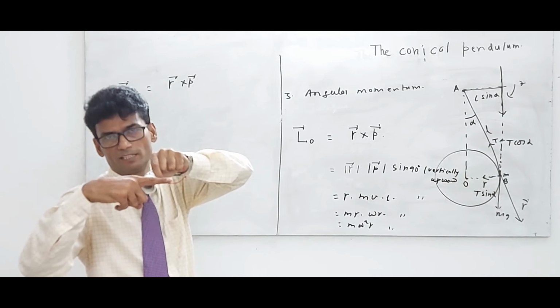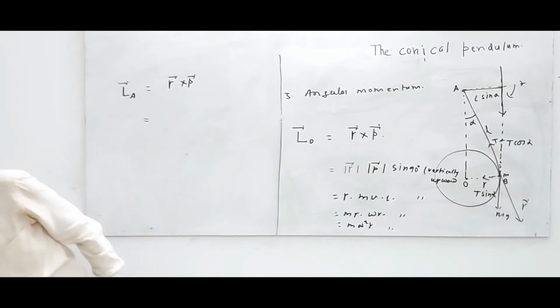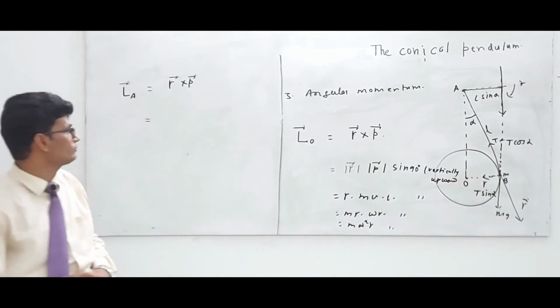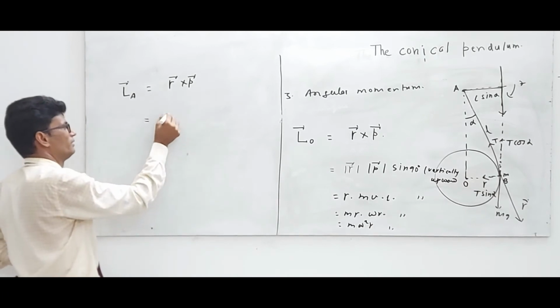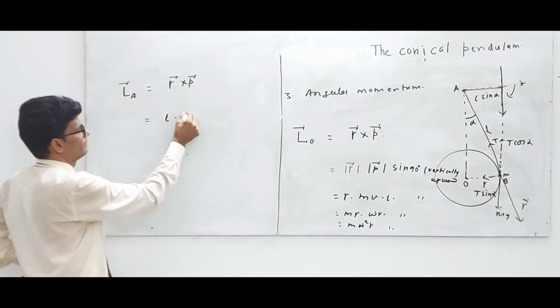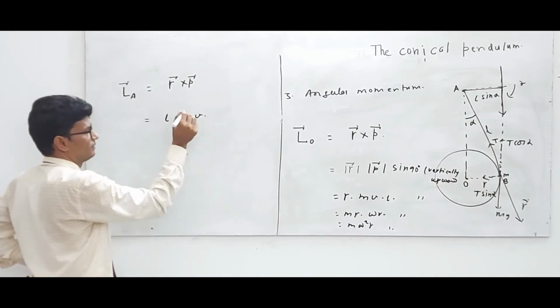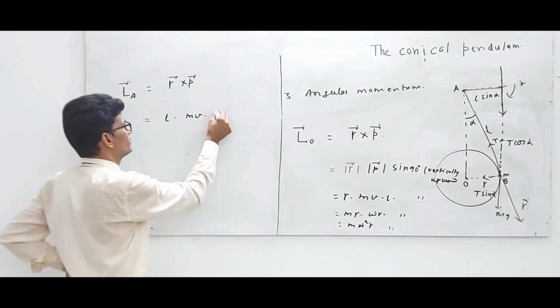This is the velocity. So r here is L, p is mv, and sin 90 degrees comes out to be 1.